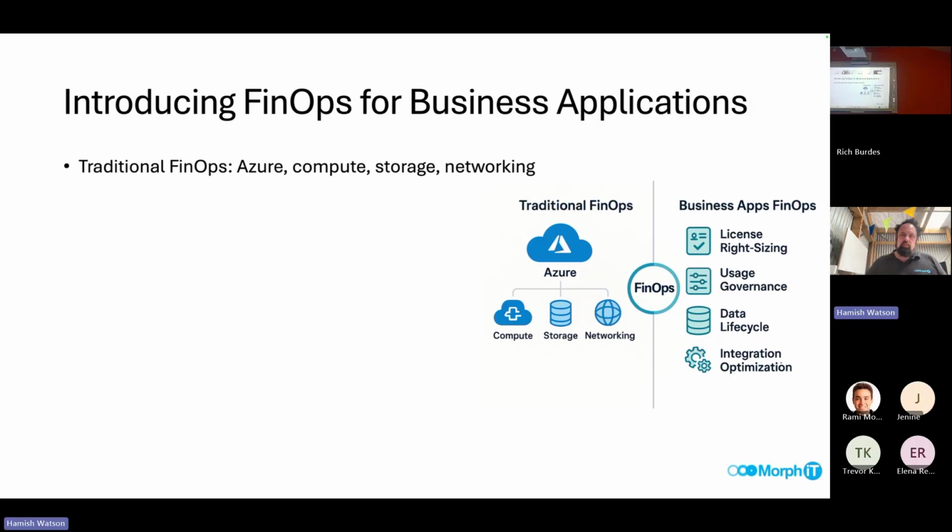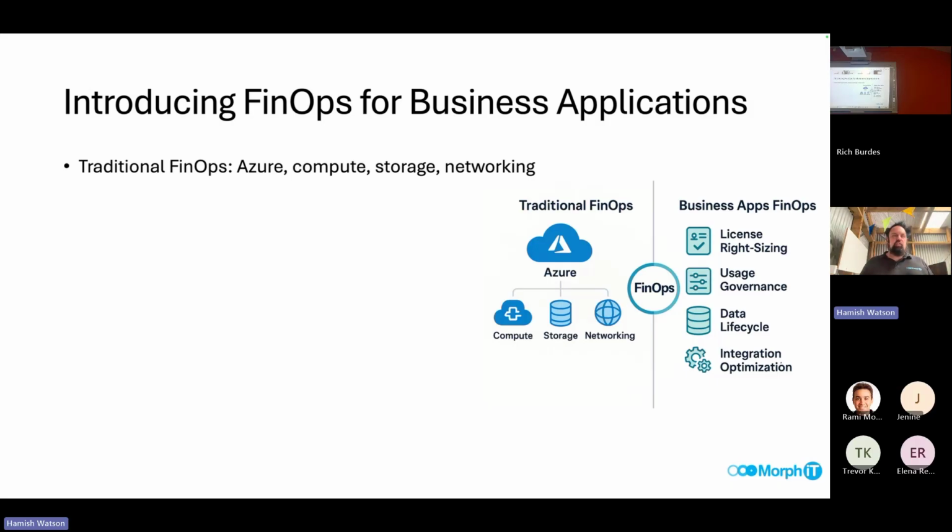As organizations adopt D365 and the wider business application stack, a new opportunity exists for us. These systems are increasingly the backbone of finance ops, supply chain, customer engagement, you name it.